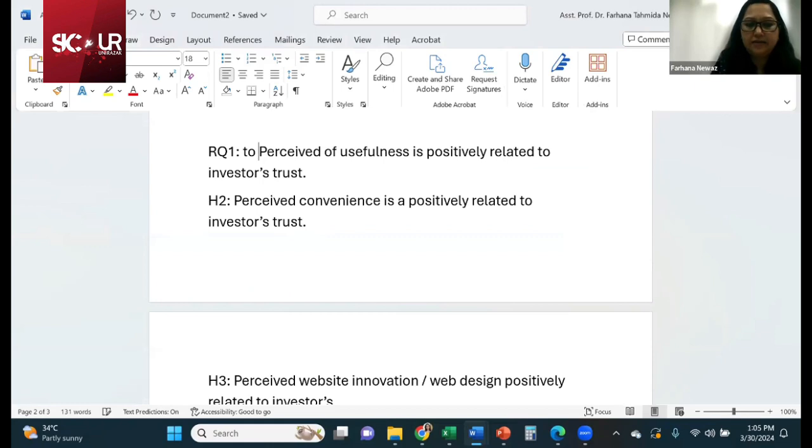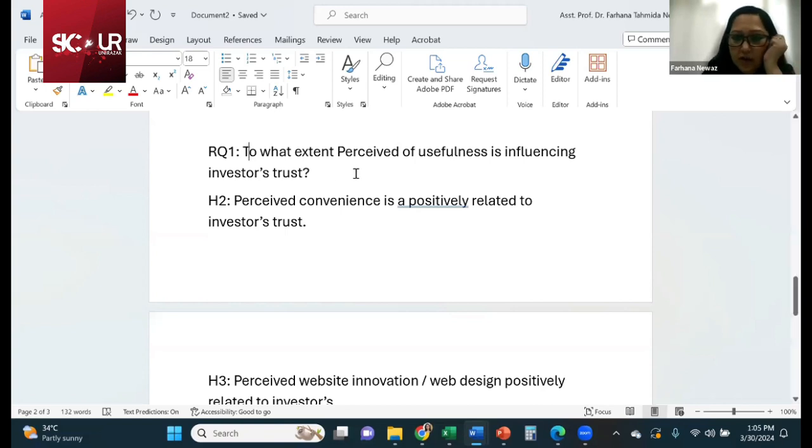To what extent is perceived usefulness influencing investors' trust? Got it or not? How to do it? Just change the hypothesis into question format.